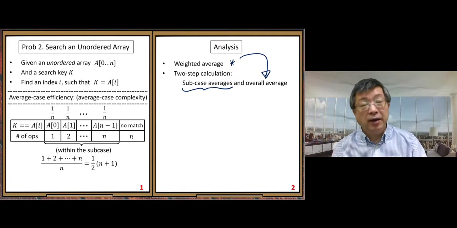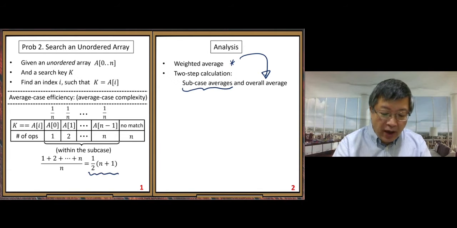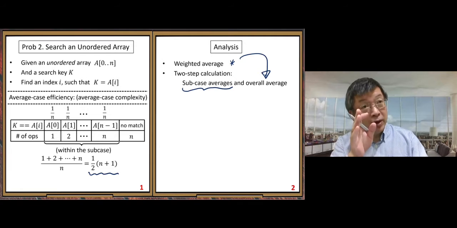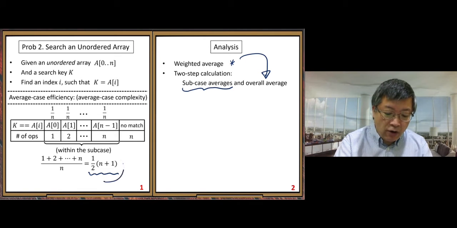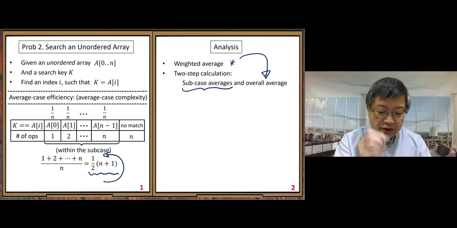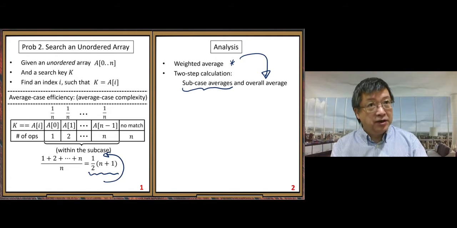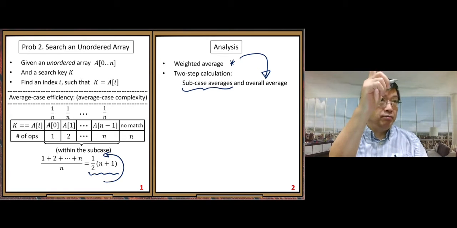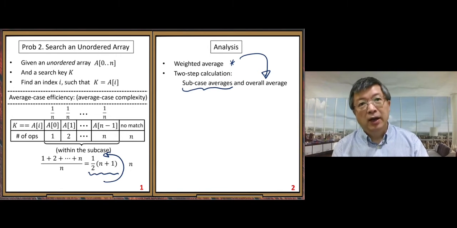The answer is 1/2 times (n plus 1). This is the average case for the first subcase. For the second subcase, that's easy. No match case, only one case. So its average is itself, n.